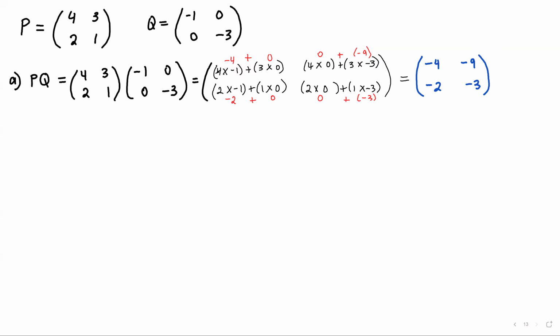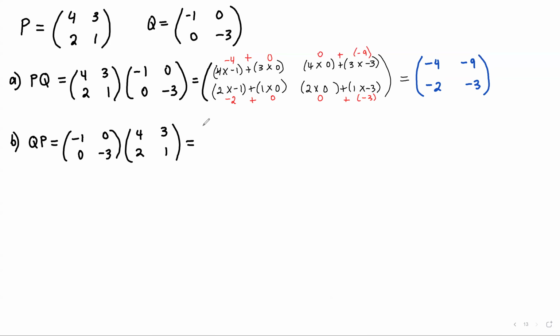The next thing you had to find was, what did you have to find next? QP. And as we know, PQ is not the same as QP. QP would be equal to -1, 0, 0, -3 times 4, 3, 2, 1.